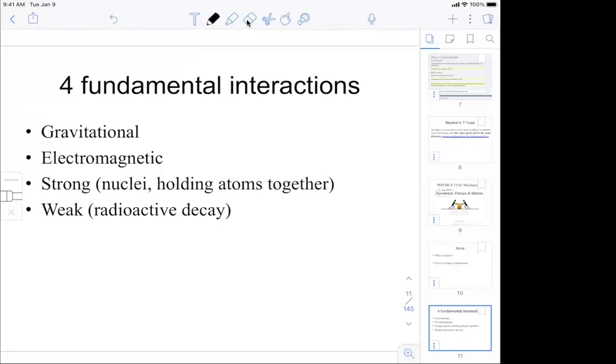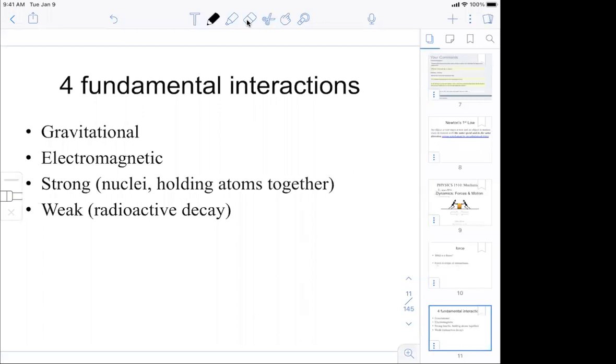The second type is electromagnetic interaction. That is so common. Pretty much all the types of forces that we talk about other than gravity can be explained as having the nature of electromagnetic interactions. The third type is the strong interaction. These are the forces holding the atoms together, holding the nuclei together. The fourth type is the weak interaction.